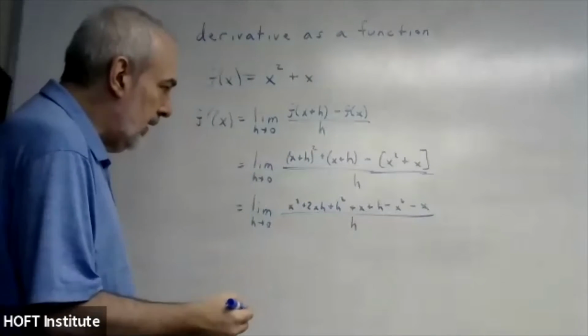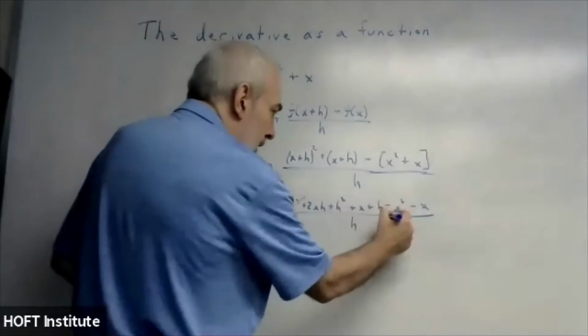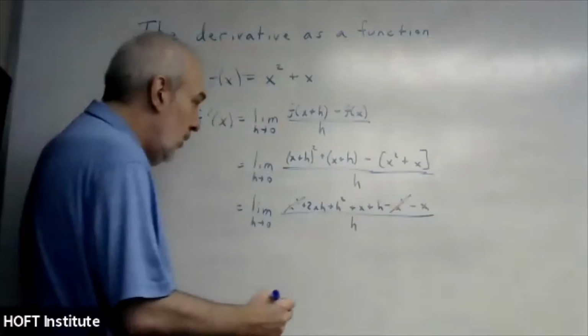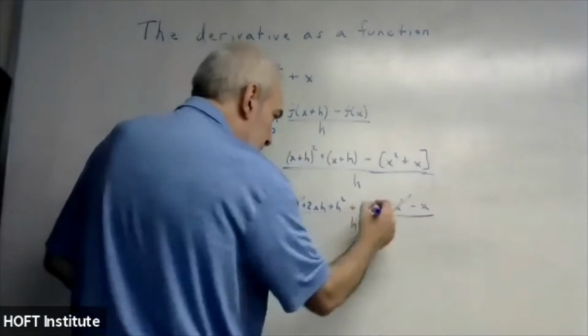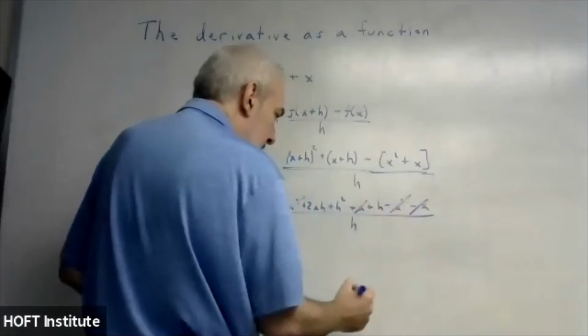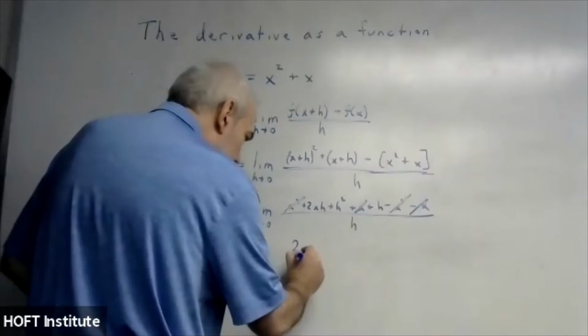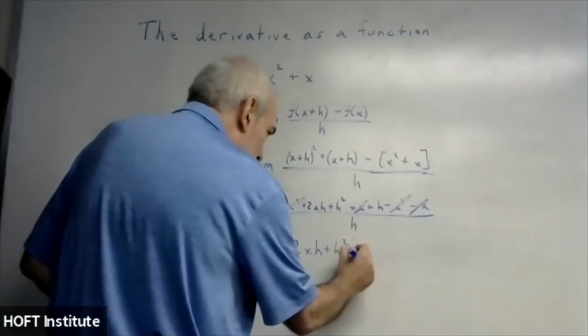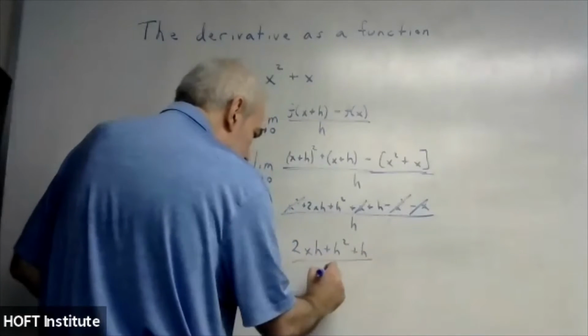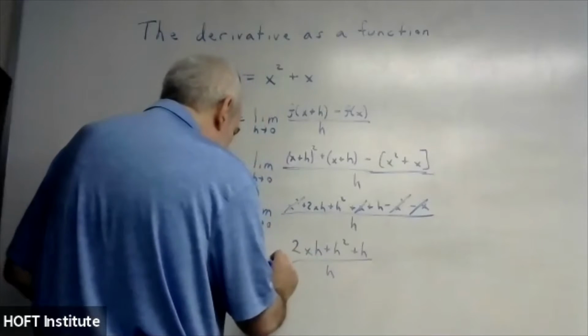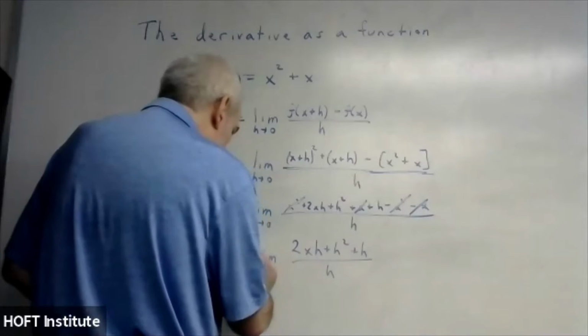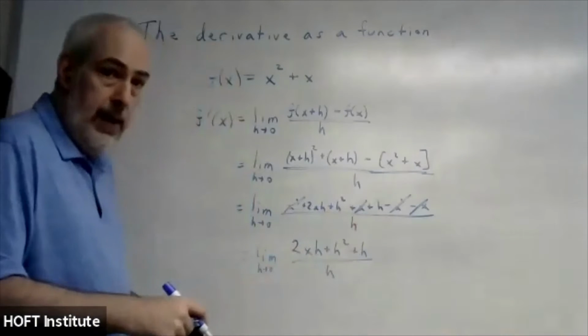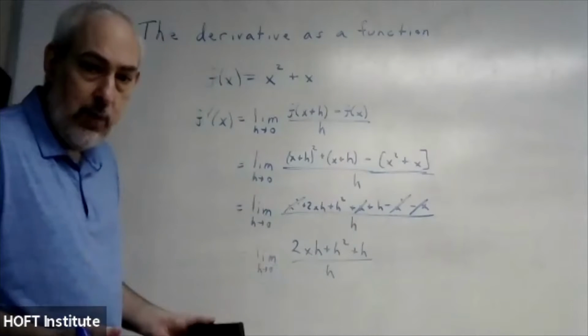Okay, we got some terms that can cancel. We can cancel out an x squared. We can also cancel out this plus x and this minus x. So that leaves us with 2xh plus h squared plus h all over h. Well, every single term in the top has an h in it, so we can just divide by h everywhere.